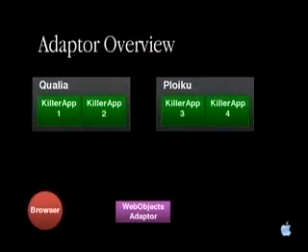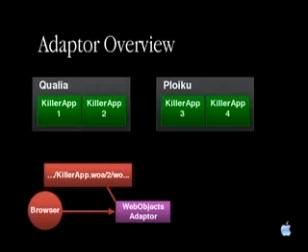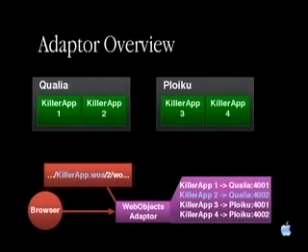So let's take a look at the adapter overview. What happens specifically? Well, the browser makes a request. The web server will pass it to the WebObjects adapter. And the WebObjects adapter will look at the status request line, the URL that the browser requested. And in this case, we see, look, it's requesting the application killer app. Okay?